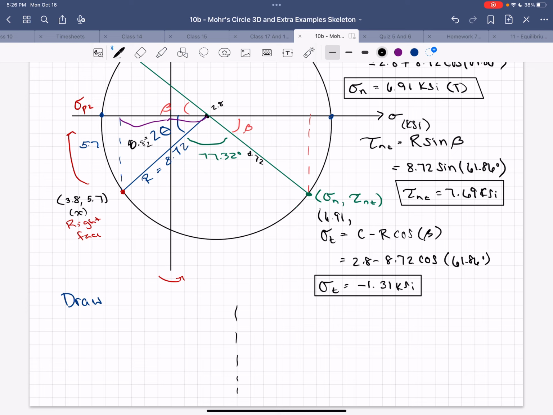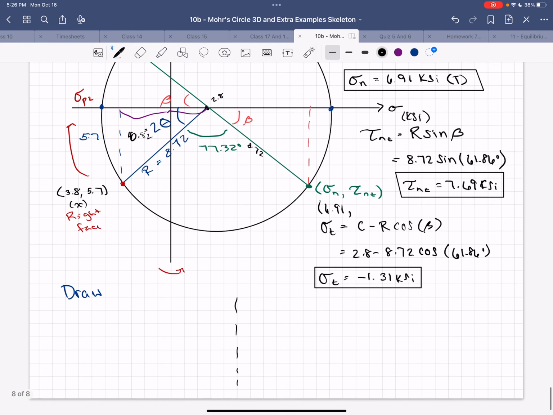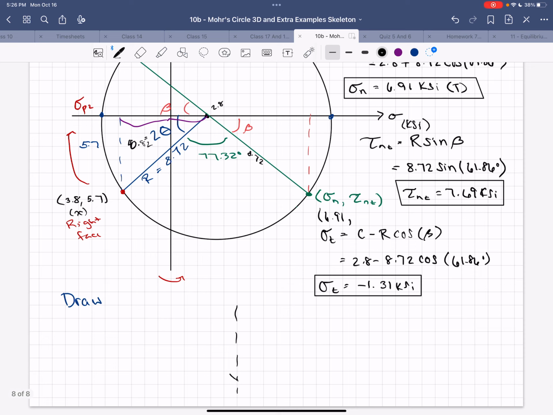Our new face goes counterclockwise by, how many degrees did I say? 38.66. All right, I didn't leave myself very much room. I'm kind of squishing this in here. All right, oh, and then I need this.